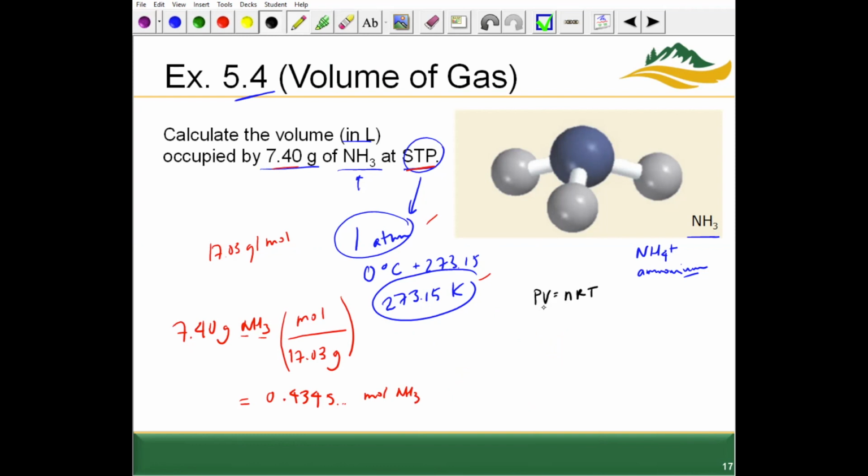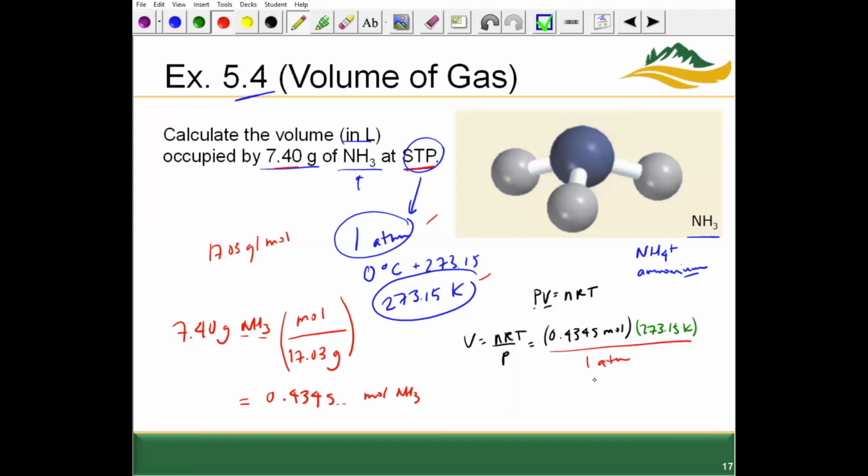We want to solve for volume, so volume is going to be equal to, dividing both sides by pressure, nRT over pressure. We have 0.4345 moles of gas. The temperature is 273.15 Kelvin. The pressure is 1 atmosphere.